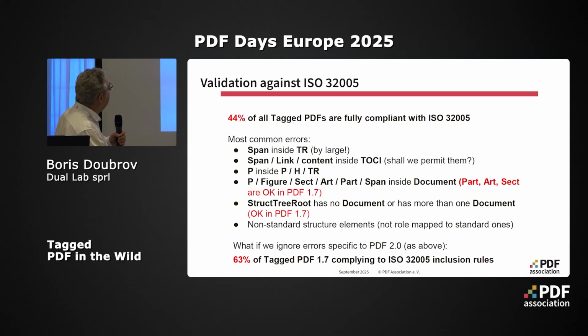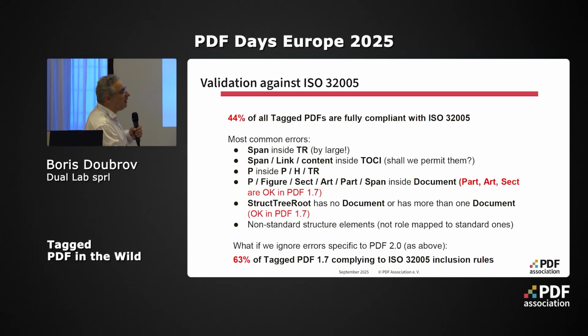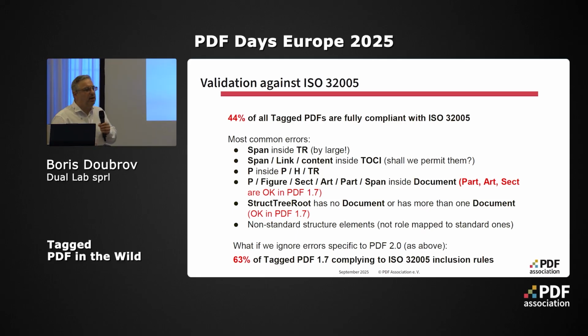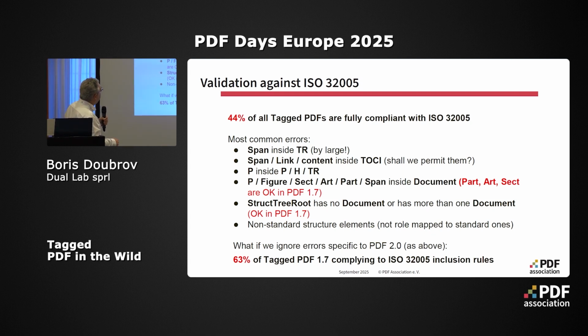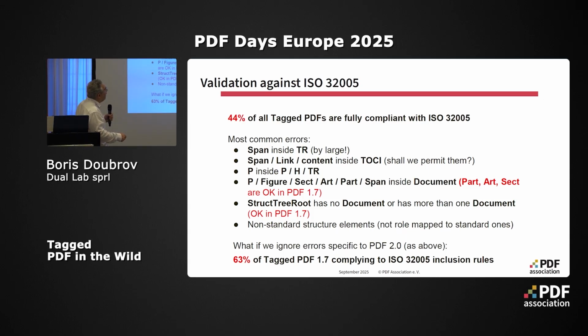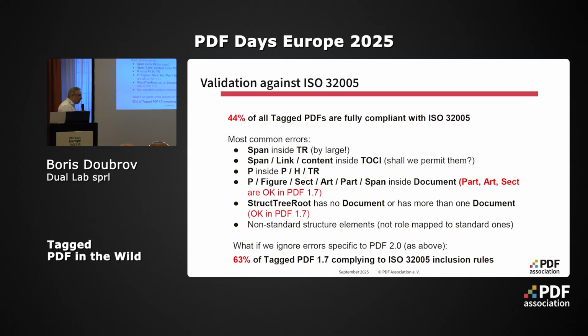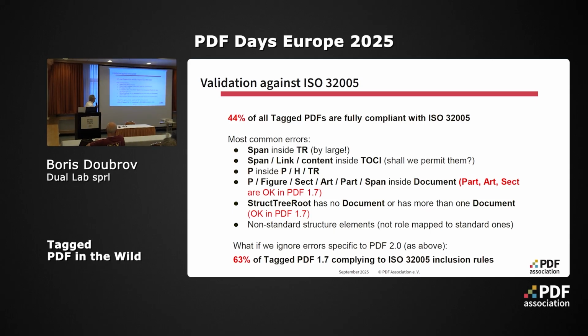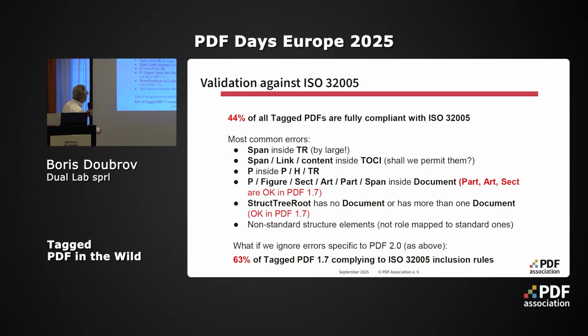This is why you end up with direct content spans and links inside TOC items. We've seen many elements like P, figure, sect, art, part, span inside document. And strictly speaking, only part, art and sect are okay in PDF 1.7. But again, users are more inventive than specifications. And quite some documents had no document inside the structure root, but again, that was okay in PDF 1.7.